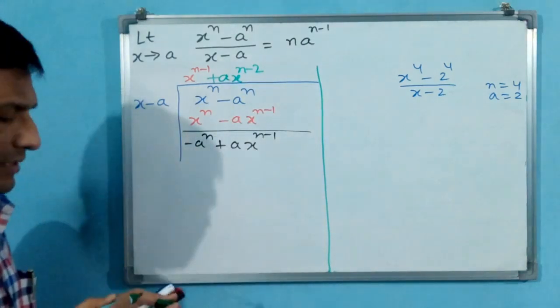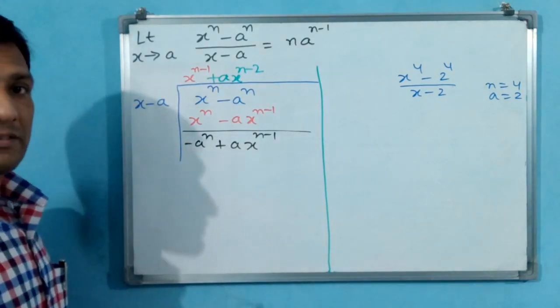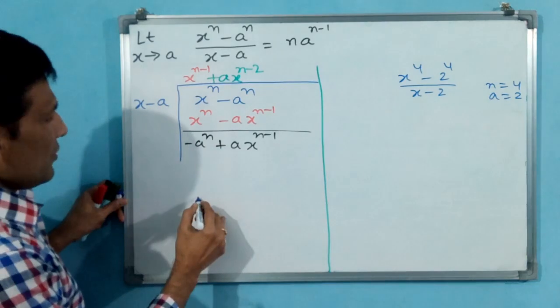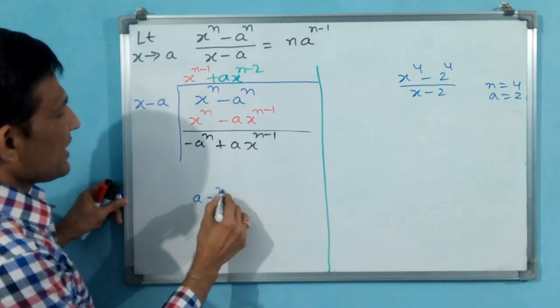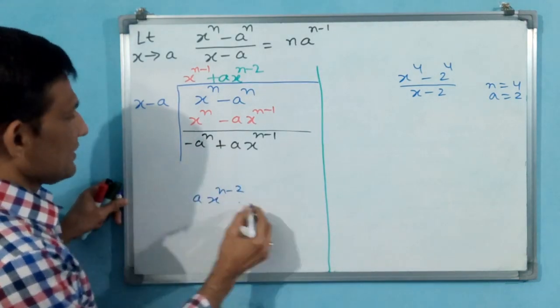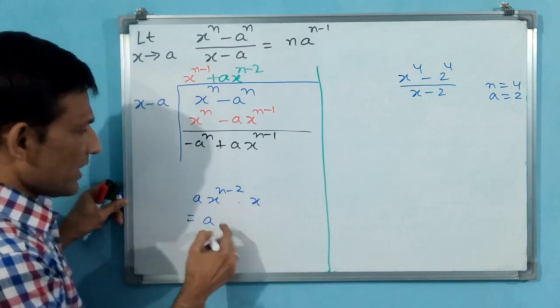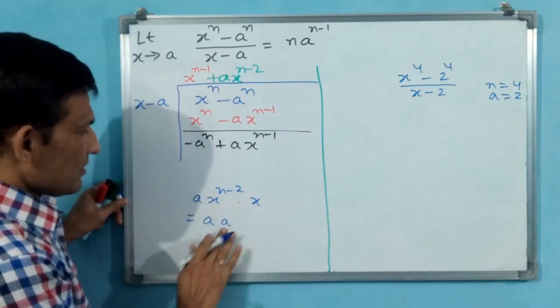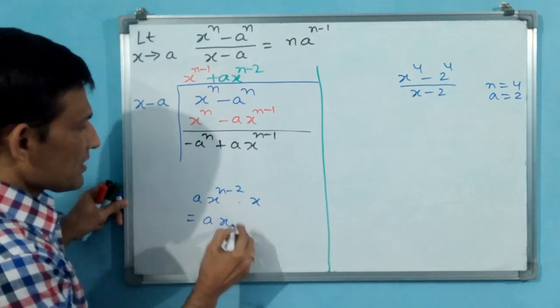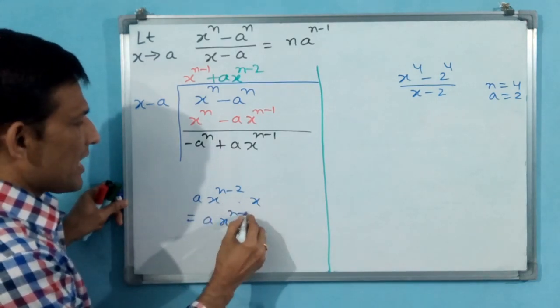Is it okay? See, a x power n minus 2 into x: a is okay, but x power n minus 2 plus 1 is n minus 1.